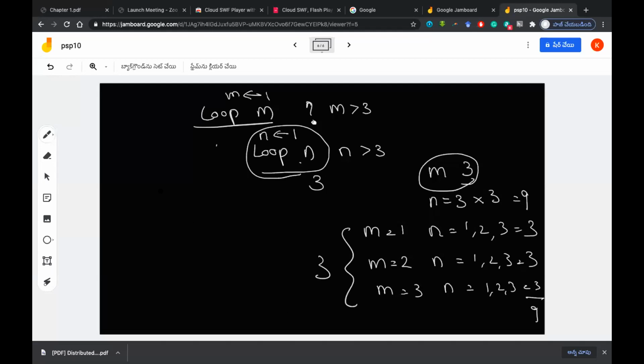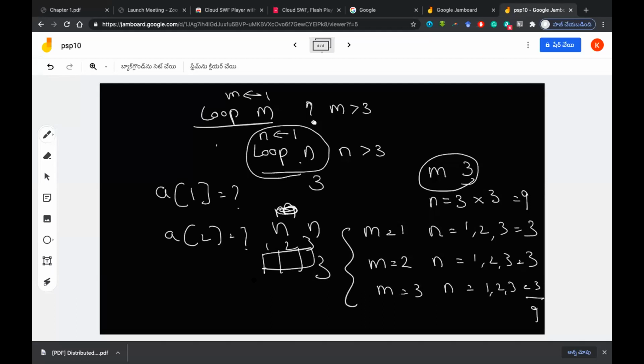I think earlier, while you are giving an array, you are just giving a of 1 is equal to the input, a of 2 is equal to the input, right? Only n is required for that while you are giving the array, right? Not m, it should be n. Because it's only one 1D array, you are only giving 1, 2, 3 indexes like n. Now you need to give the number of indexes, the number of 1D arrays also.